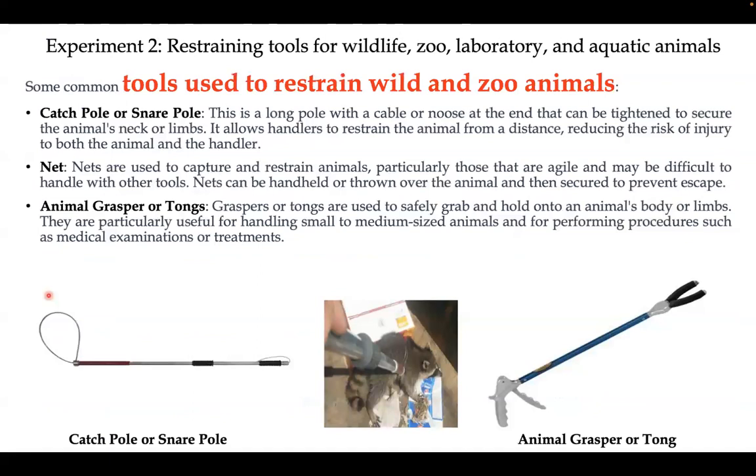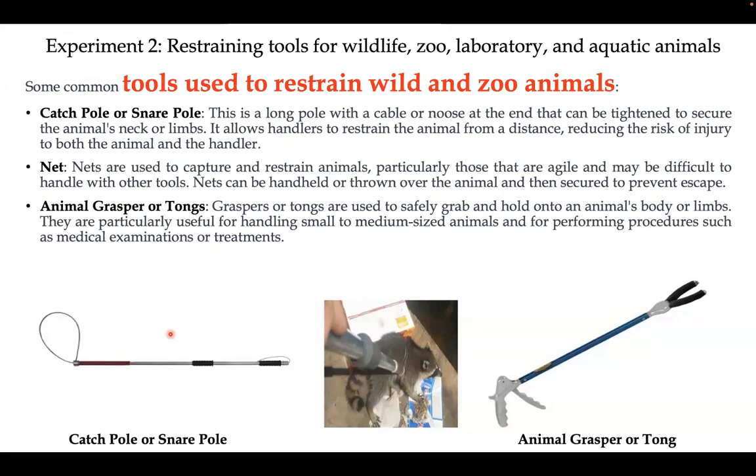So our next experiment name is restraining tools for different animals of our concern, which are mostly in these four headings: the wildlife or wild animals, the zoo animals, the laboratory animals, and aquatic animals. So in this experiment, we will just demonstrate some pictures of tools which are used for restraining these kinds of animals.